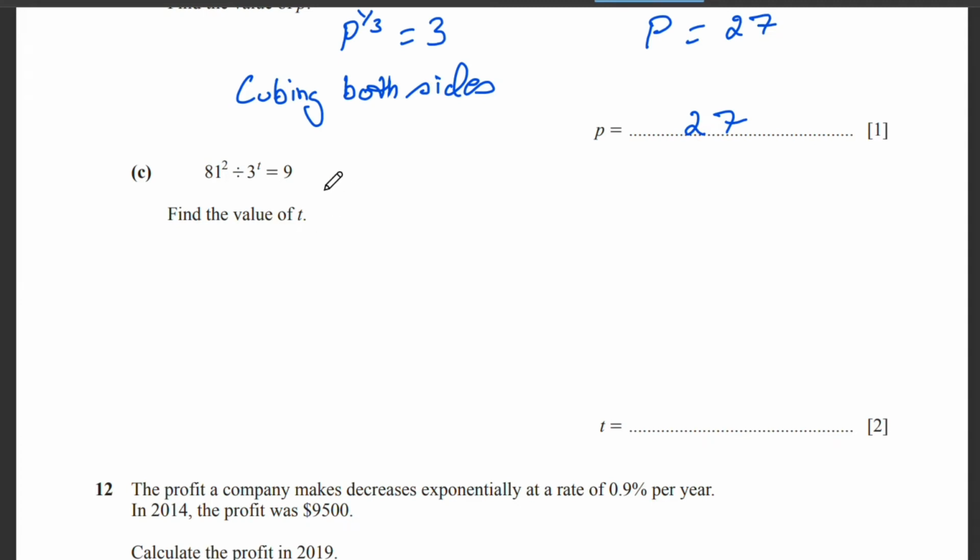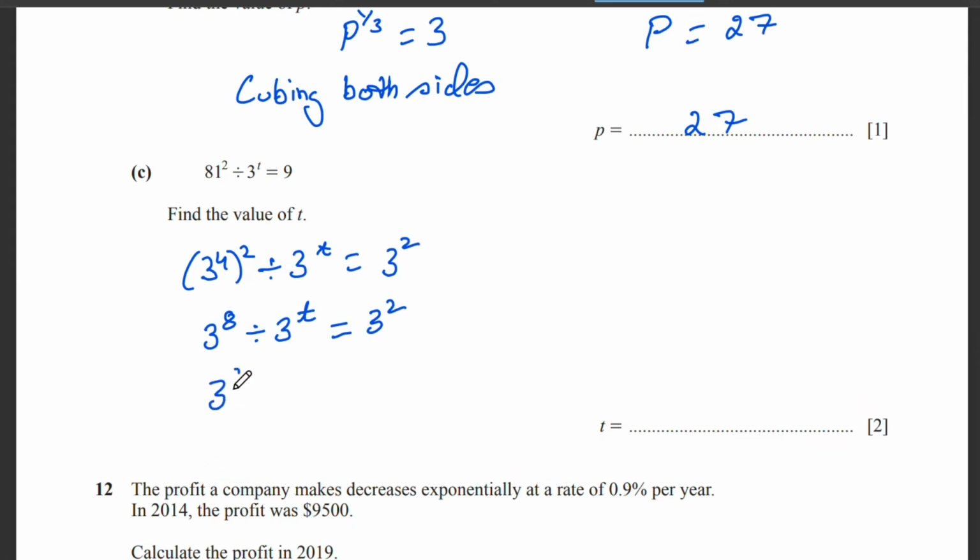Now 81 squared divided by 3 to the power t equals 9. Find the value of t. So 81, you can write as 3 to the power 4, and then its whole to the power 2, divided by 3 to the power t equals 9, or you can write 3 to the power 2. Now this will be 3 to the power 8, as power to the power is multiplied, divided by 3 to the power t equals 3 to the power 2.